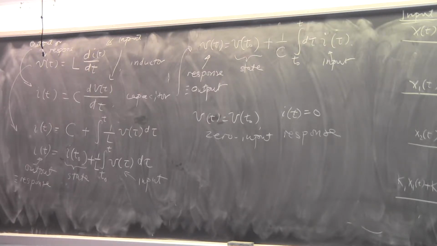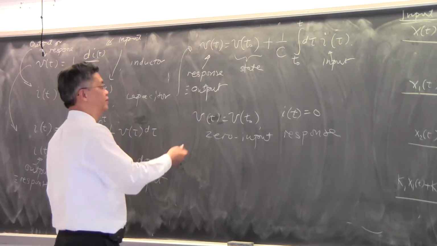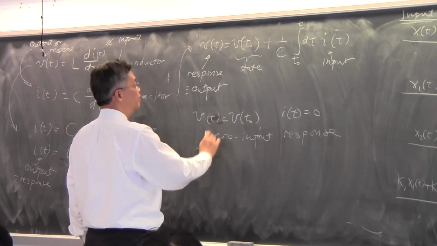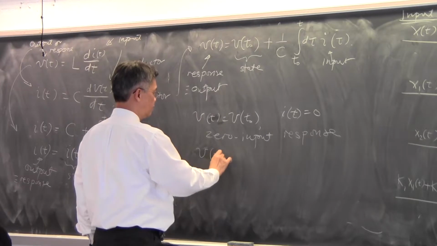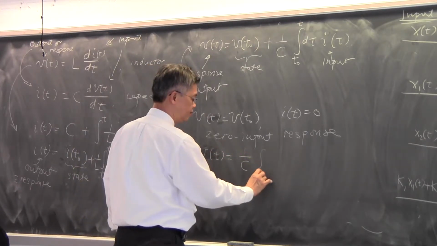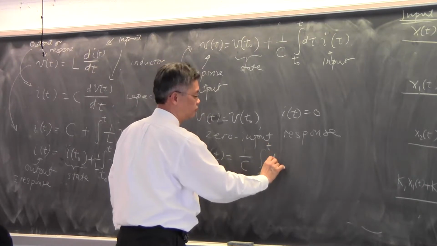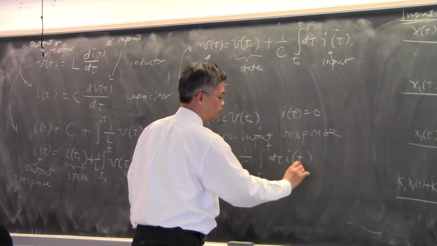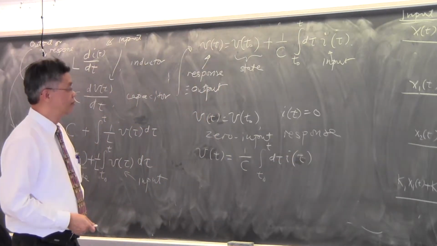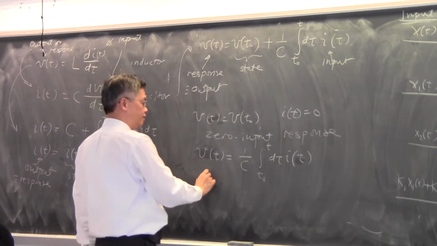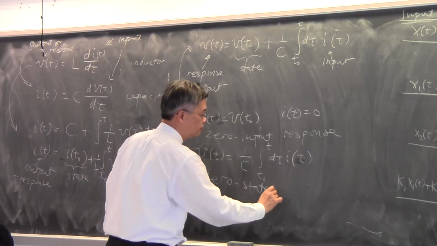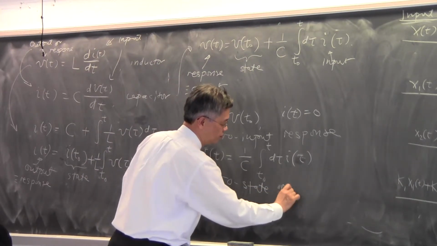This is called a zero input response. And if you do it the other way around and set this term to 0, okay, and you have only the second term, where you set the state to be 0, this is called a zero state response.